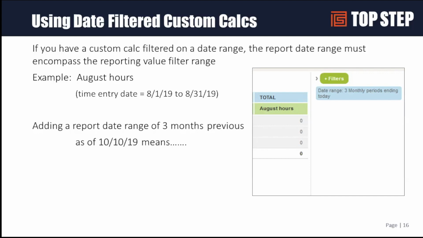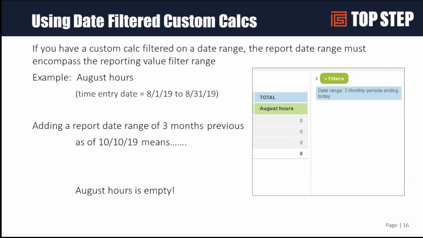And our August hours value ended up being empty in the report. Actually, I think I put the date range the 18th, not the 19th. Otherwise, it would have pulled data in. So, the typo. Sorry about that. Because the date range is outside of the date range of the report, the value will be 0 or blank in the system.